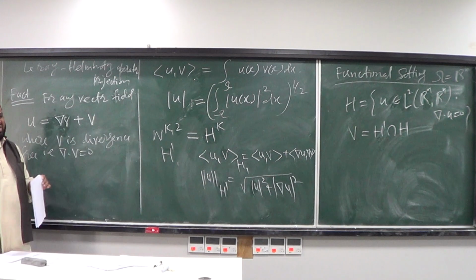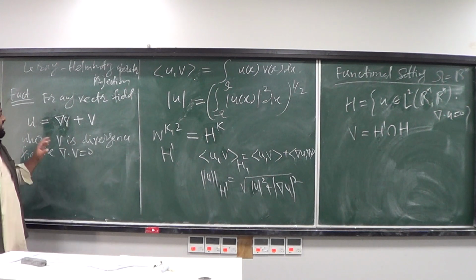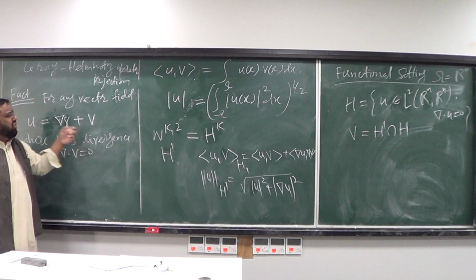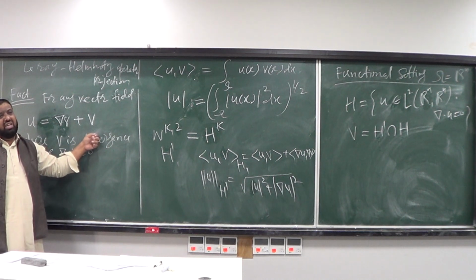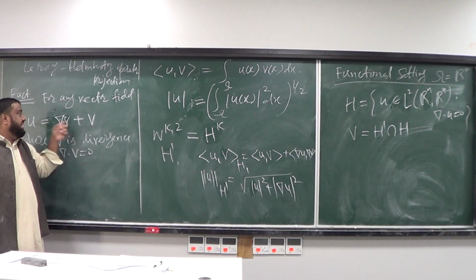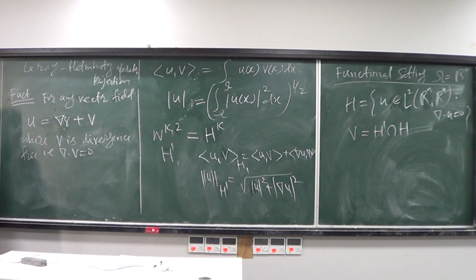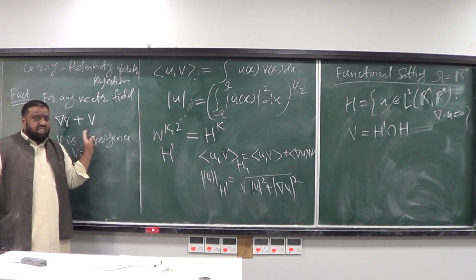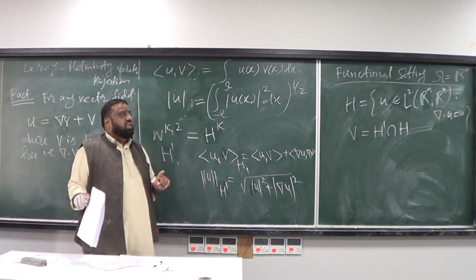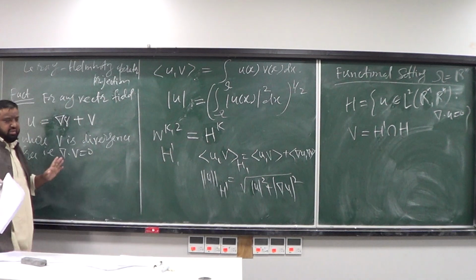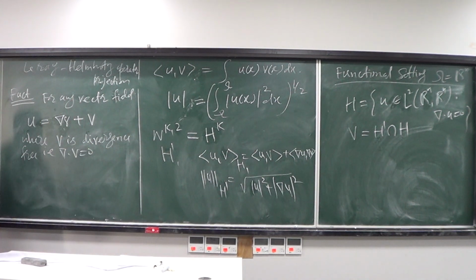The key point to keep in mind is that you give me a vector field, and I can write U in terms of a divergence free vector field plus something. This representation is not necessarily unique, but it can be made unique with a little bit more assumptions. It's not a big deal.